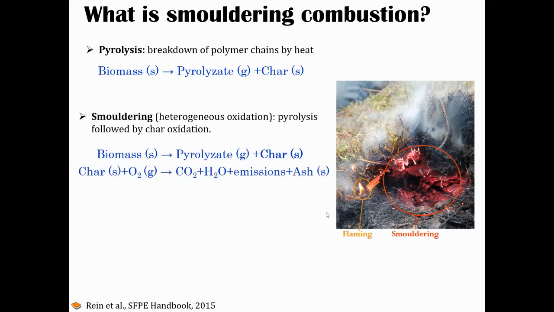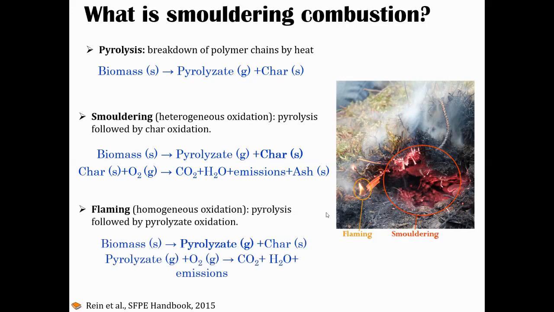Now, in smouldering, the char, which is a product of pyrolysis, is the one that oxidizes. The char in the solid finds oxygen in the gas phase that absorbs on the surface and burns. That's the process that releases heat, and we have CO2 and water and a very long chain of other elements, and it leaves behind a solid that is ash.